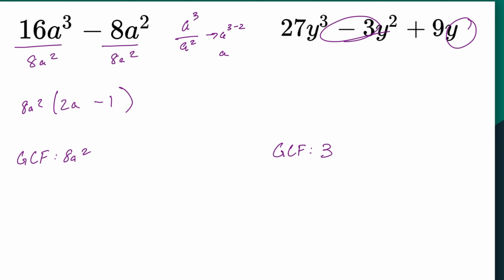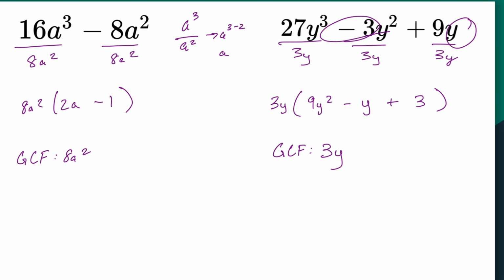Has to be 3y. And then I could divide that out. And I end up with 3y times 9y squared minus y plus 3. Notice how a single y got subtracted out of all of those because we were dividing by y.